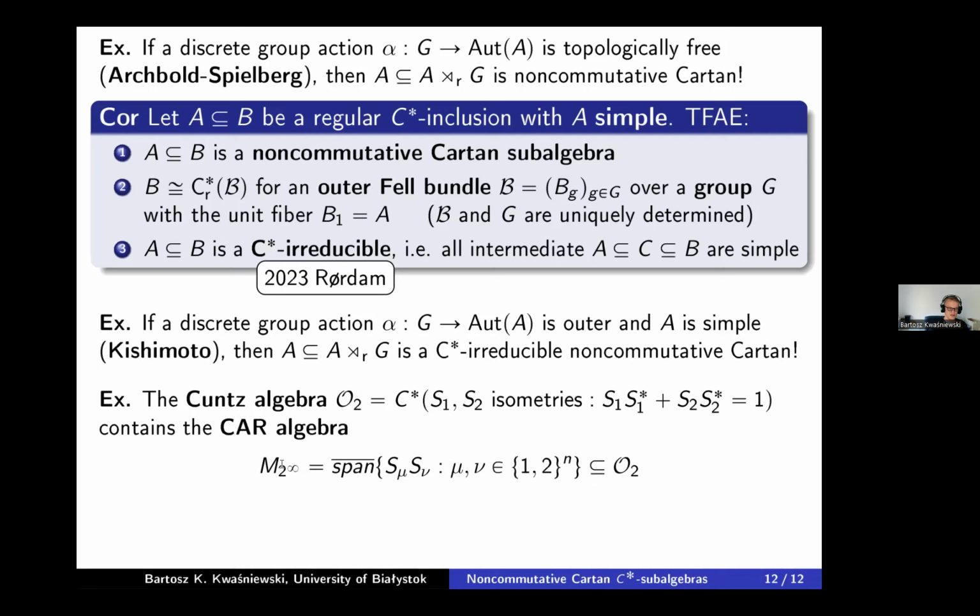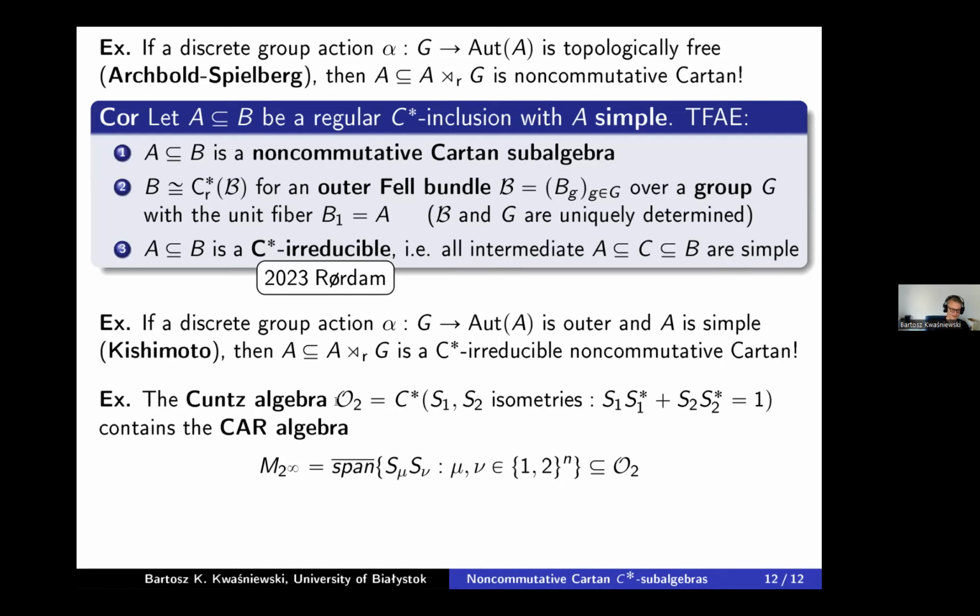So this Cartan algebra is also the Glimm's 2 to infinity algebra. So this is a direct limit of these 2 to the power n matrix algebras, but it is naturally isomorphic to the span of this kind of, oh no, the star is missing here. So this is the core subalgebra of the Cuntz algebra.